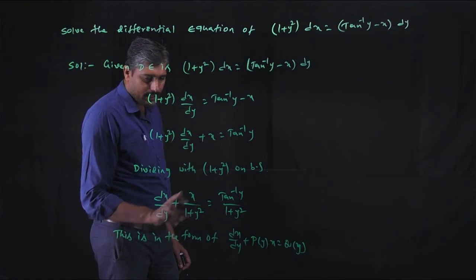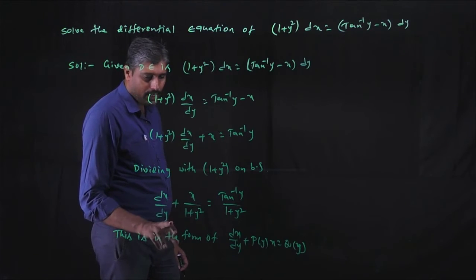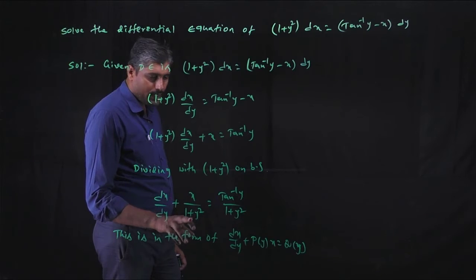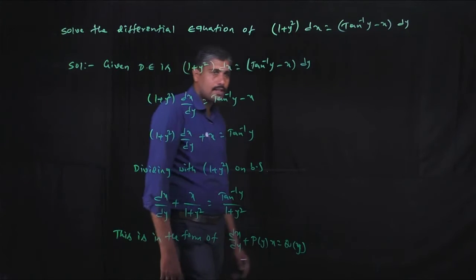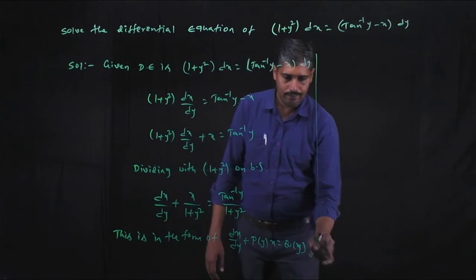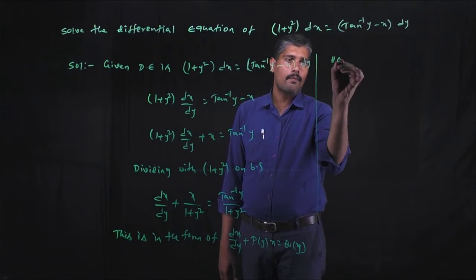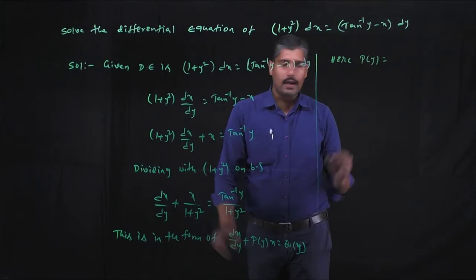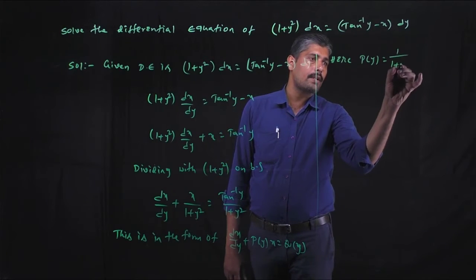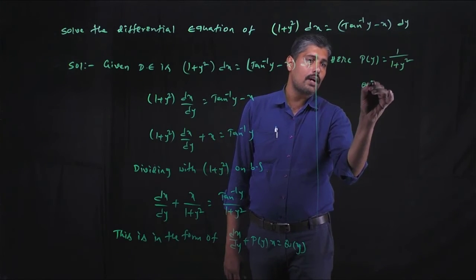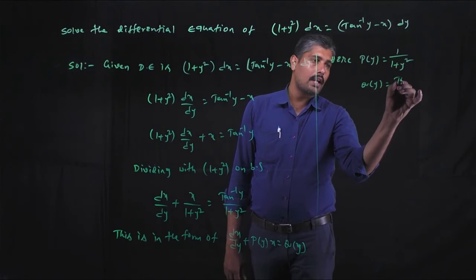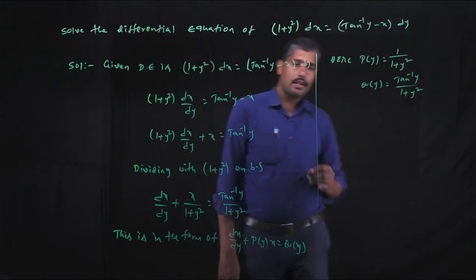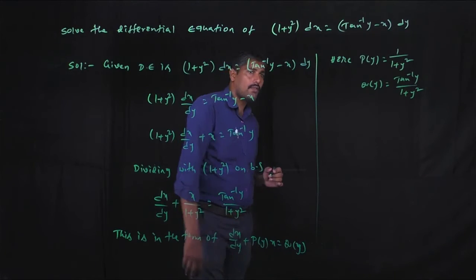Here p of y equals 1 by 1 plus y square and q of y equals tan inverse of y by 1 plus y square.